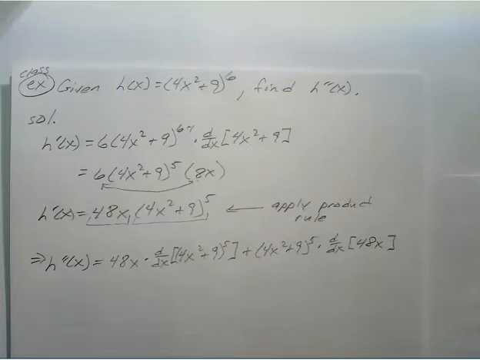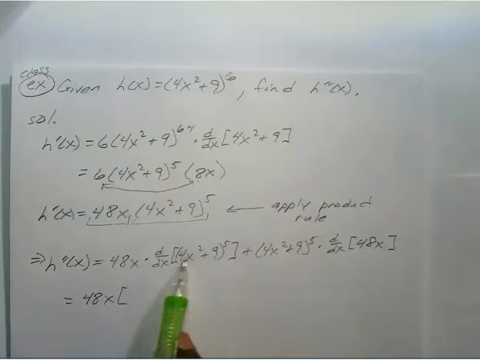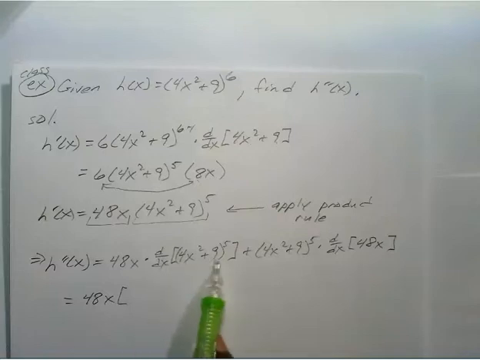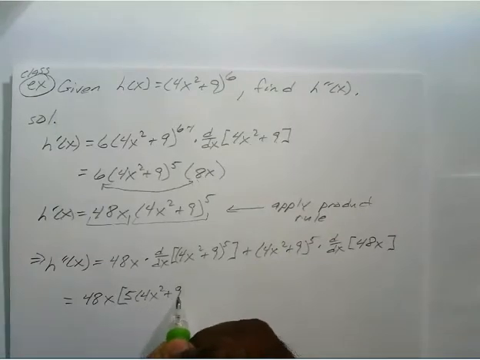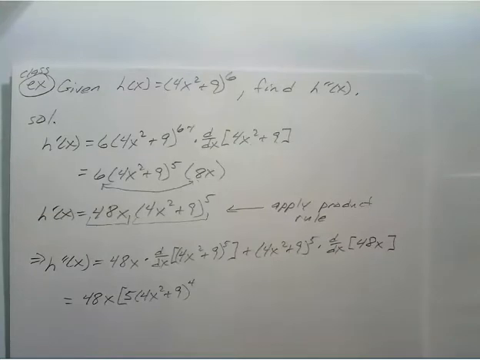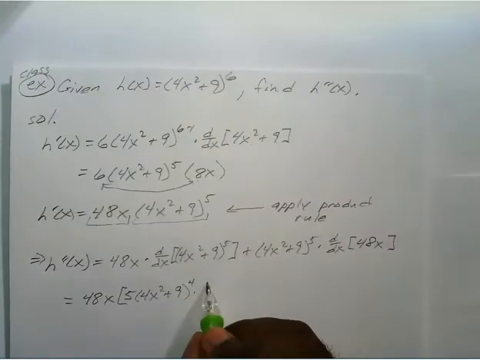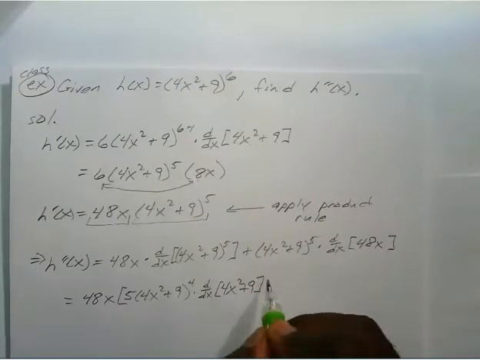Alright, so what does that give us? That gives us 48x times, now we have to apply the chain rule in here. Okay, so we bring down the 5 times (4x squared plus 9). Then we subtract 1, so 5 minus 1 is 4, times the derivative of what's inside, 4x squared plus 9.